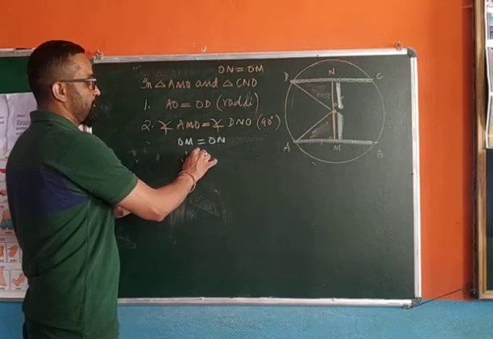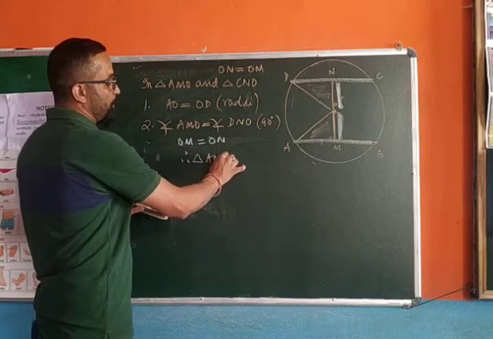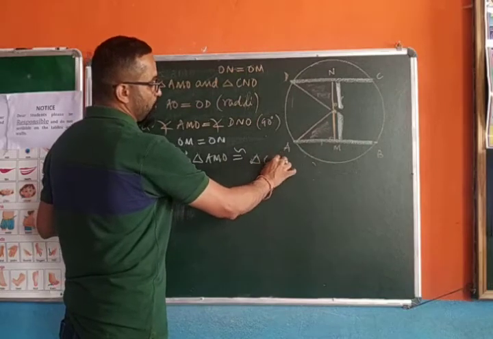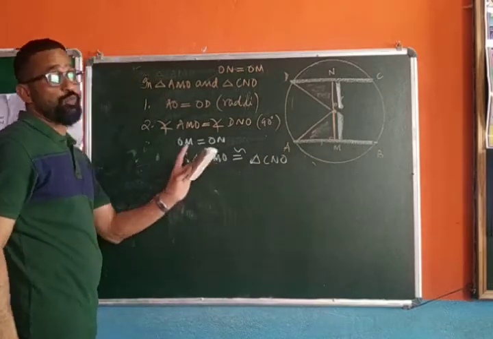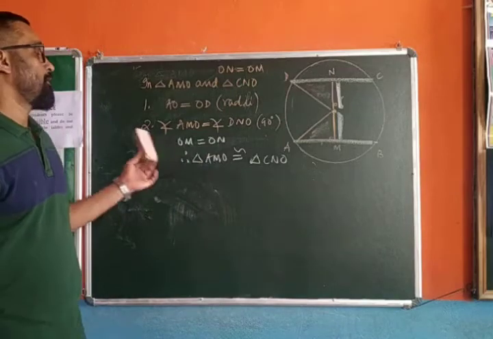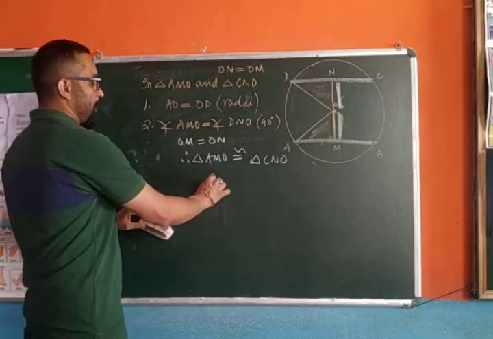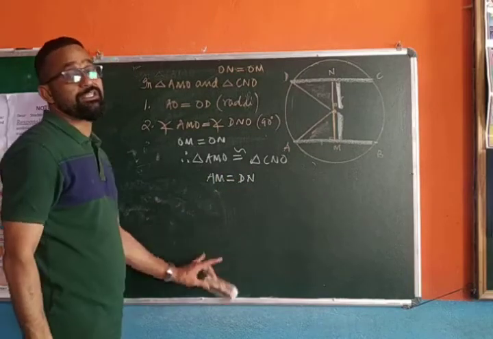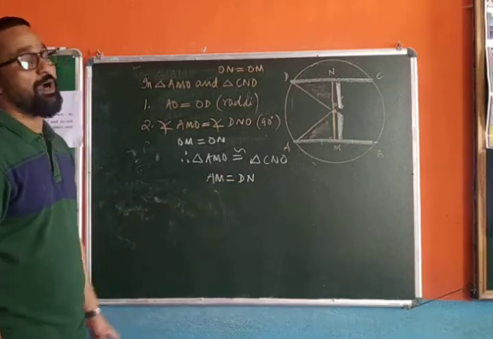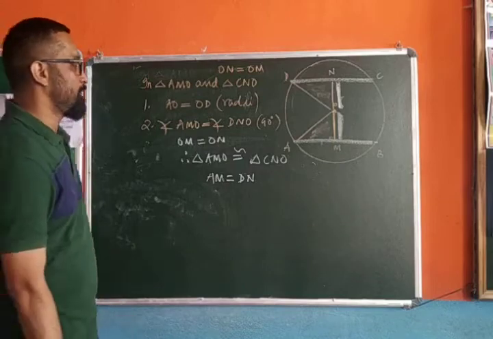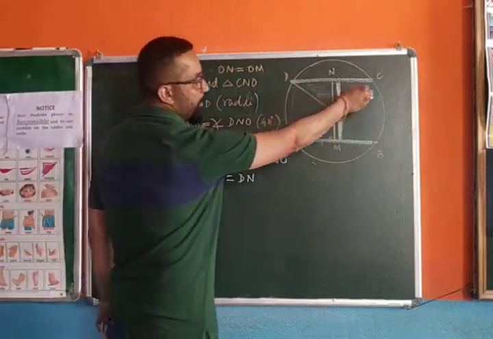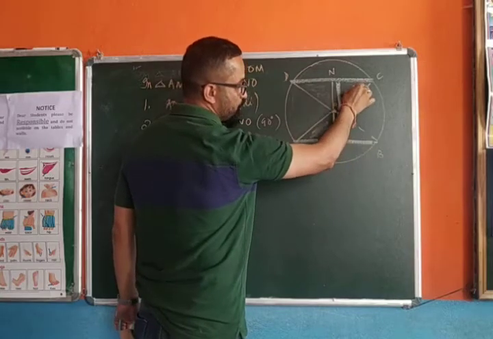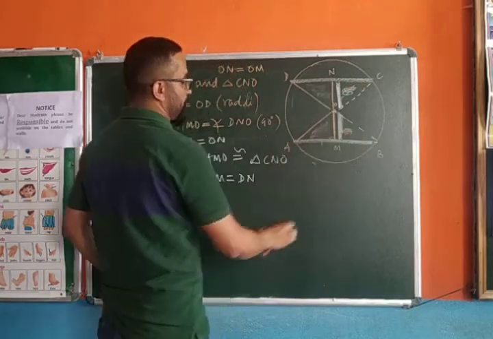Therefore, triangle ANO is congruent to triangle CNO. And once you prove these two triangles are congruent, AN will be equal to DN, CPCT, corresponding parts of congruent triangles. Similarly, we can do this on this side and prove these two triangles are congruent again.